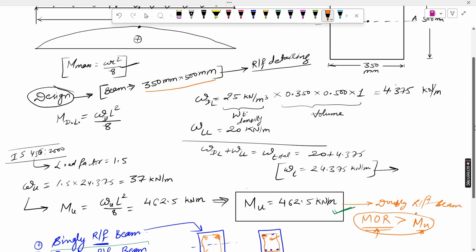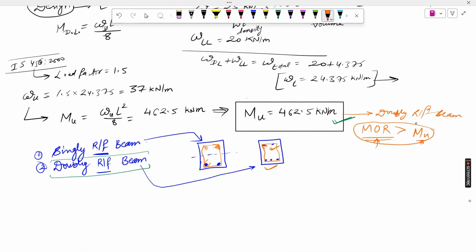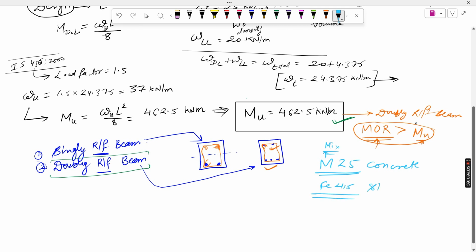Now I am giving you the grades also. Let us take M25 concrete. M means what? Mix. And Fe 415 is our steel or reinforcement. Now we have sufficient data to design the doubly reinforced beam.